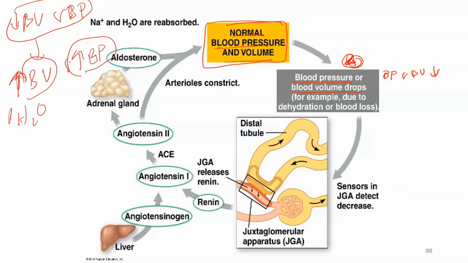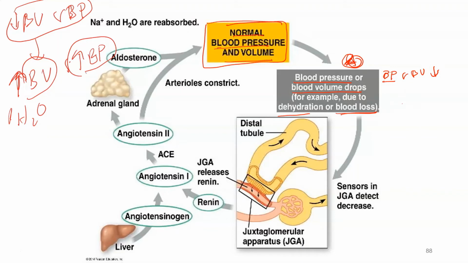Okay, for example, due to dehydration or blood loss. Blood loss tu macam contohnya dalam keadaan awak accident, bukan awak, orang lain. Okay, for example, a person has an accident and loses a large amount of blood. The accident causes a large amount of blood to be lost, and also blood pressure to drop as well.